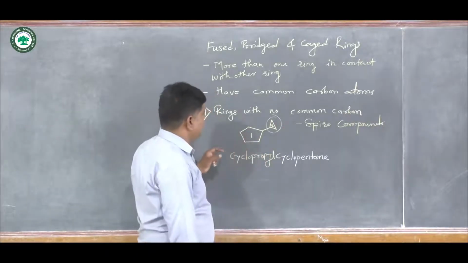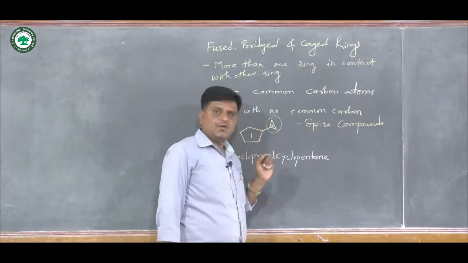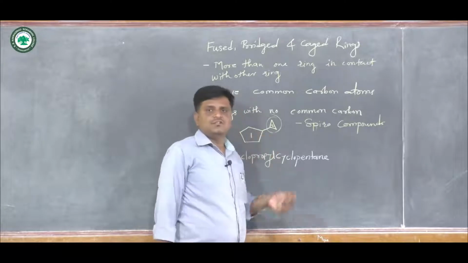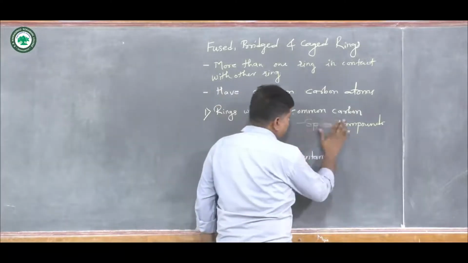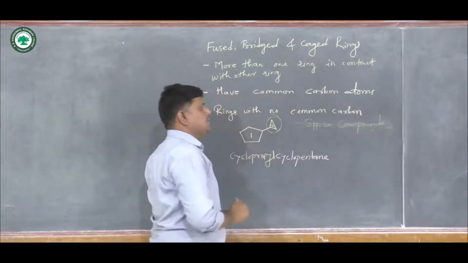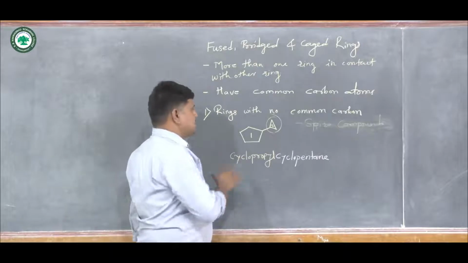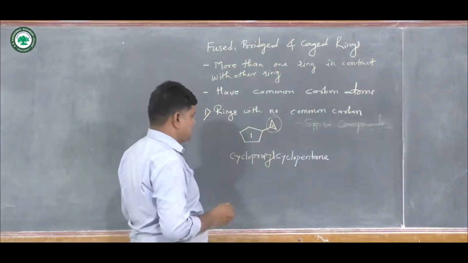Focus on the structure: there is no carbon common between these two, so we don't call these spiro compounds. Spiro compounds have one common carbon. So these are normal compounds with no common carbon atoms.